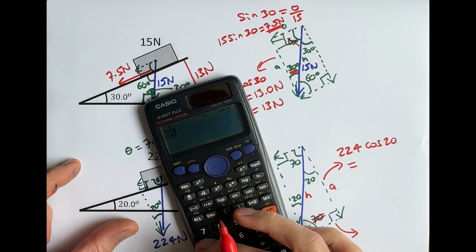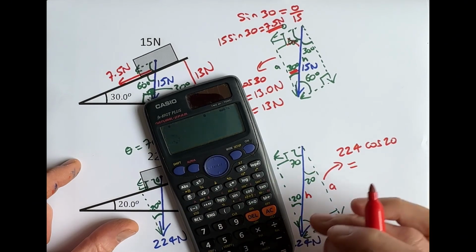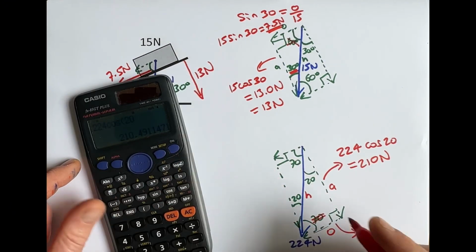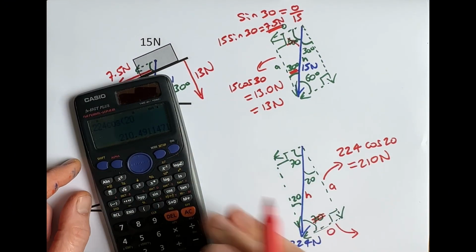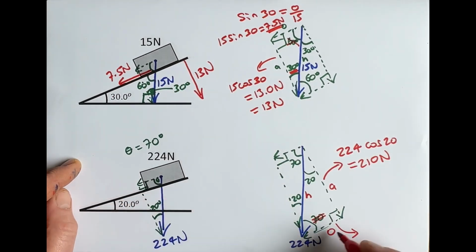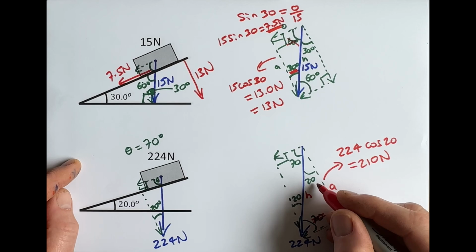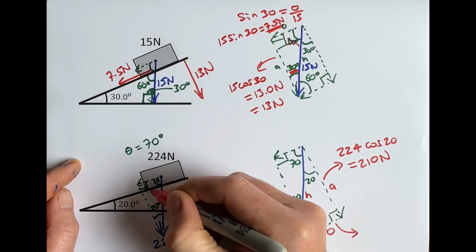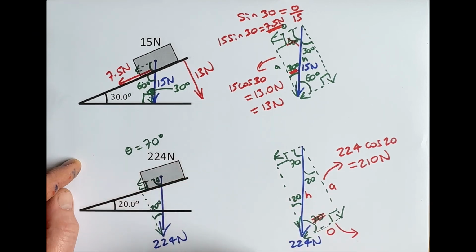And this component here, so let's just work that out for a moment. So 224 cos 20 gives you 210. Now, the component that is parallel to the slope, so that is along the slope here, is going to be opposite the 20-degree angle. Okay, you can see that here it's opposite that 20-degree angle there.